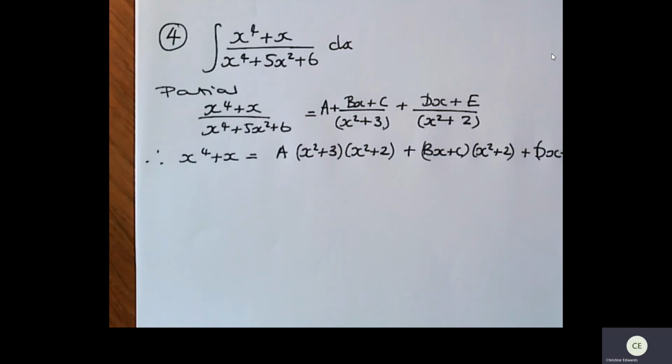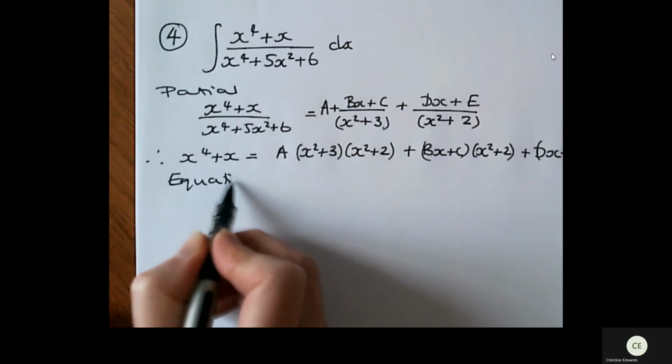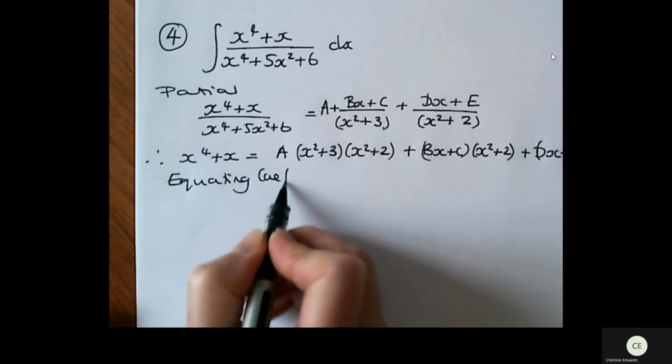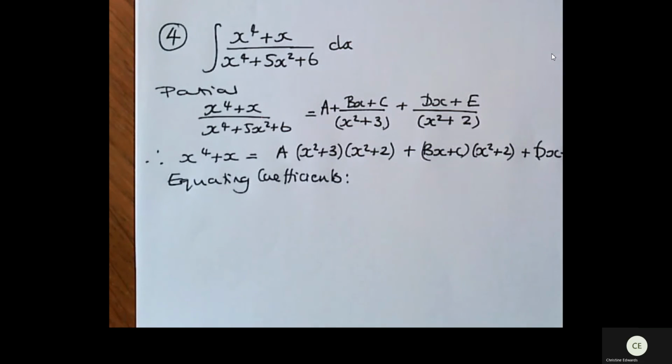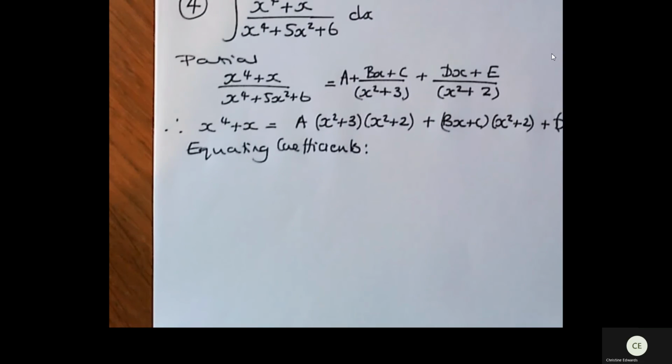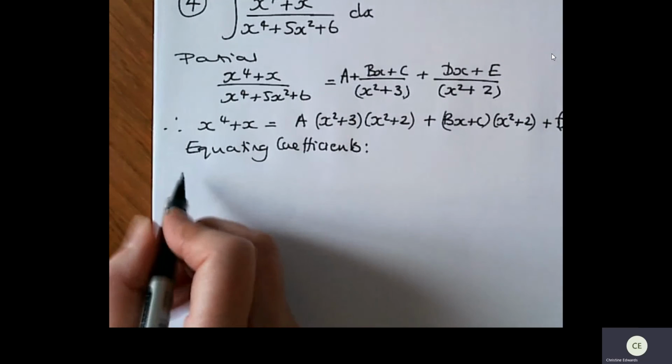In terms of coming up with the values for our unknowns, I'm going to use the method of equating coefficients. And I'm just going to work through them all systematically.